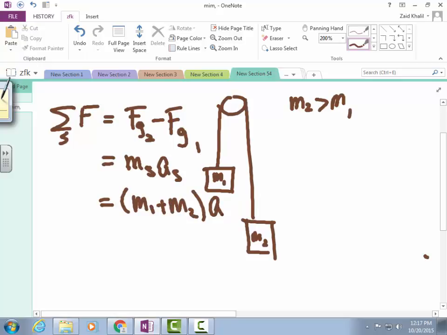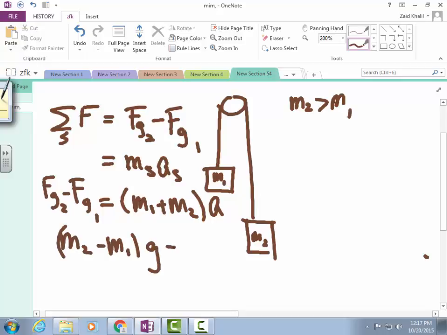And so here you have Fg2 minus Fg1. What is this equal to? M2 minus M1 times g. And so therefore, what is a?